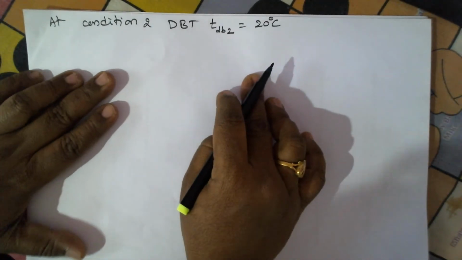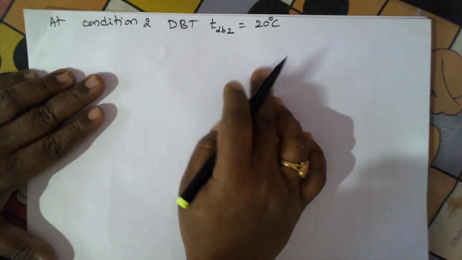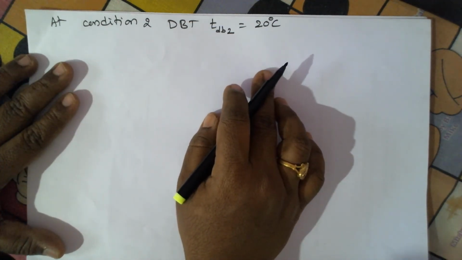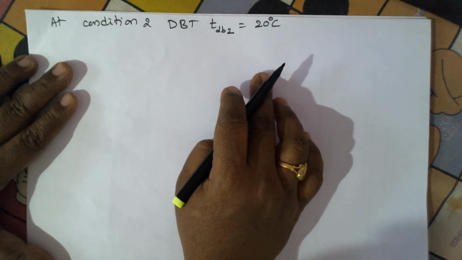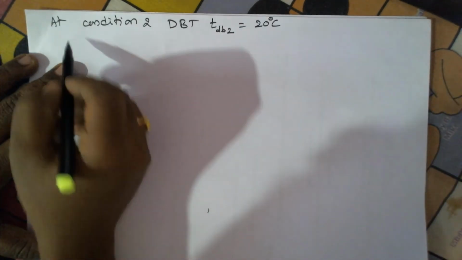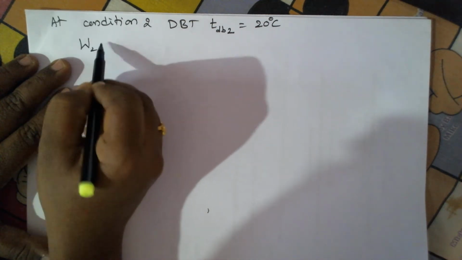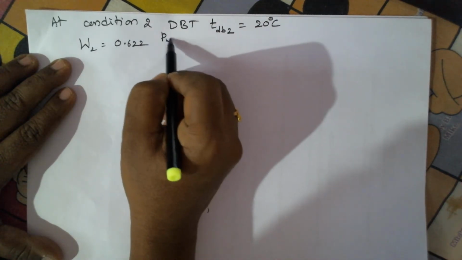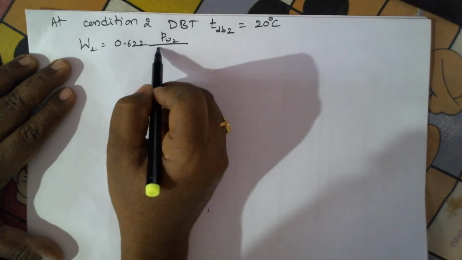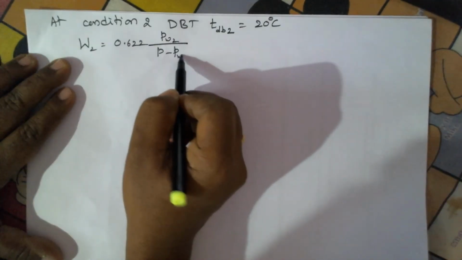So what you have to do is calculate the partial pressure of water vapor with W2. W2 is equal to 0.622 into PW2 by P minus PW2.